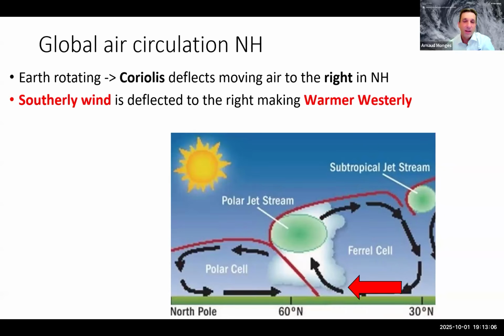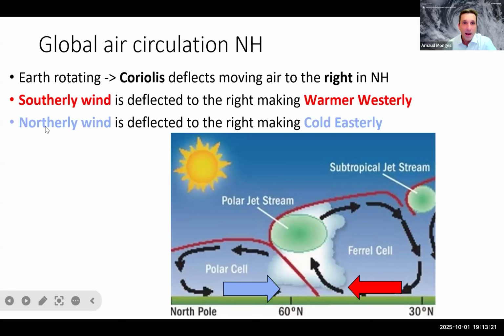This westerly wind, if you live in the UK, if you live in France, is a dominant wind coming from the west. Same if you are in New Zealand, the main dominant wind is the one from the left. So this is it. However, on the northern side, because the wind is northerly, blowing from the north to south, it pushes to the right and it makes cold easterly wind.